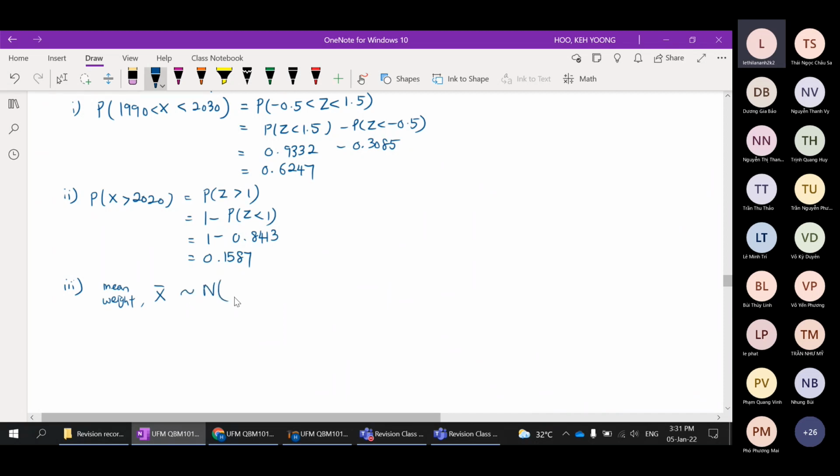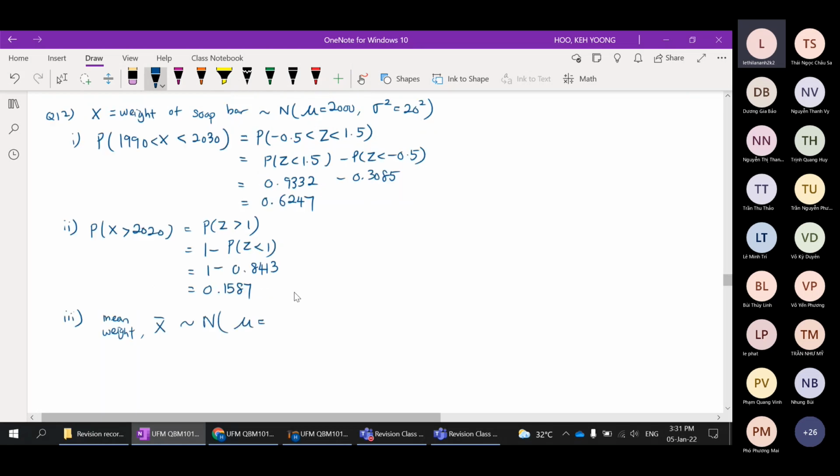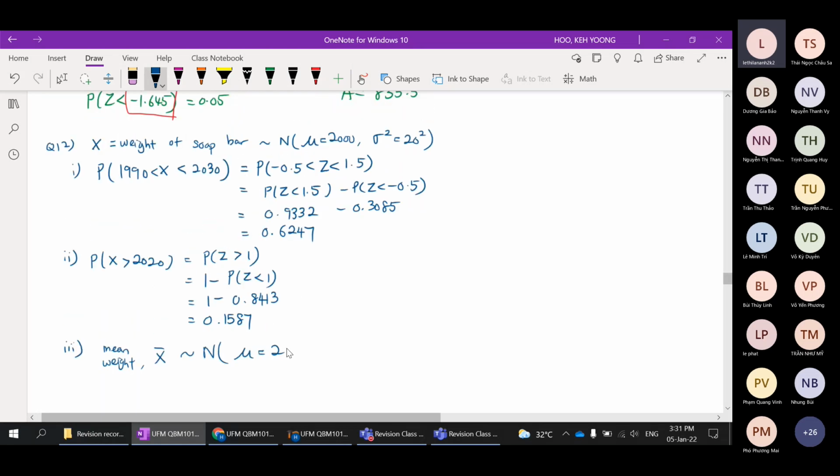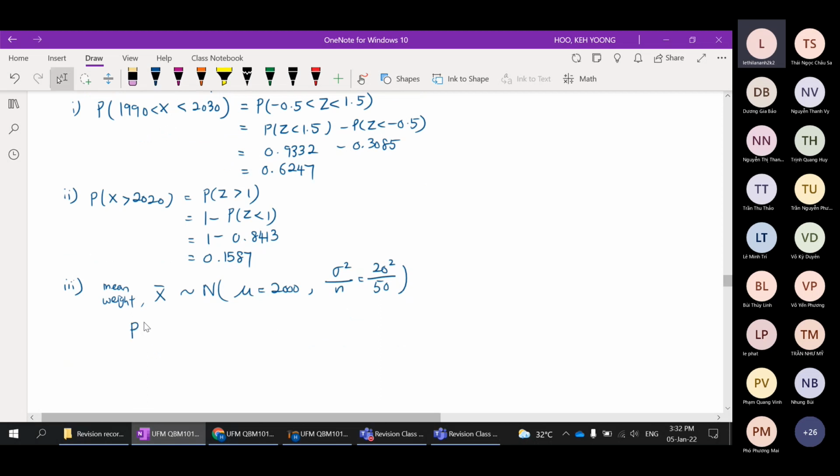The mean would be equal to the same, 2000. How about the variance? Variance over n, it will be 20 squared over sample size, which is 50. So you want to find the probability that the sample mean is more than 1995.